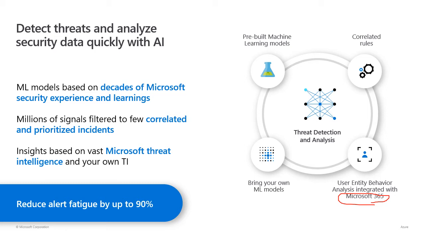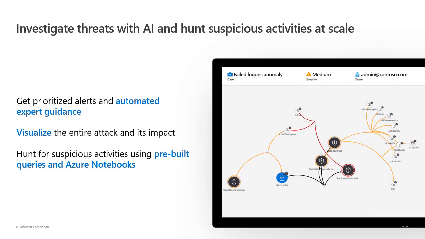So the accuracy rate of alerts being sent to your SOC actually improves over time. The other bit is that it also allows you to investigate threats, and you can also hunt suspicious activities at scale. So this is a screen cap of how you would, for example, visualize an entire attack and its impact, and you can hunt for suspicious activities using pre-built queries and Azure notebooks.